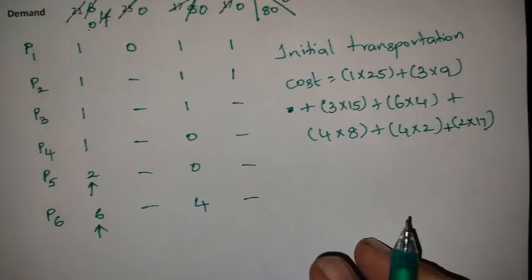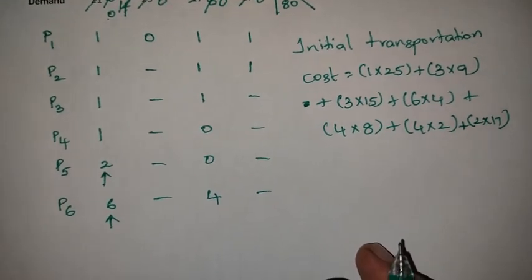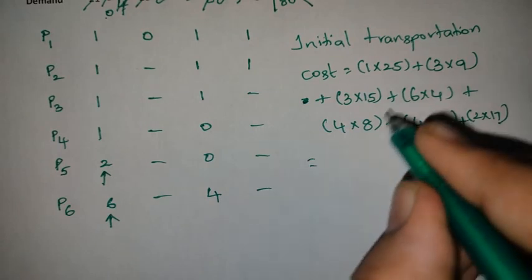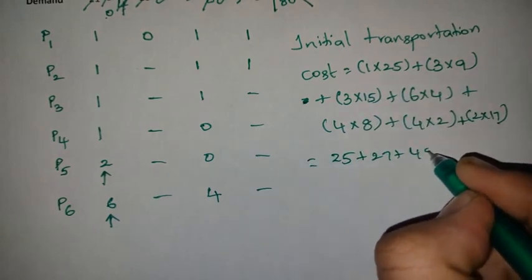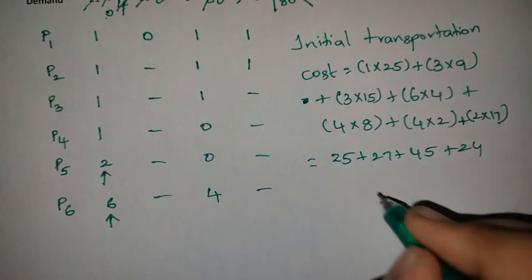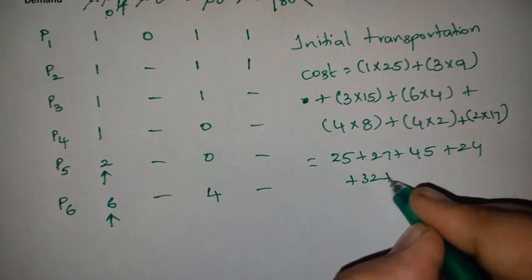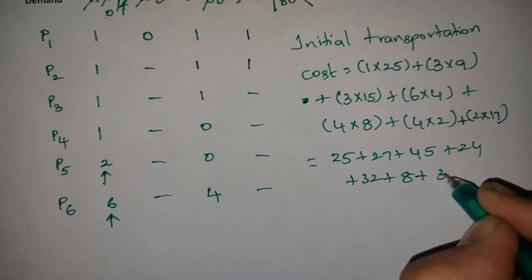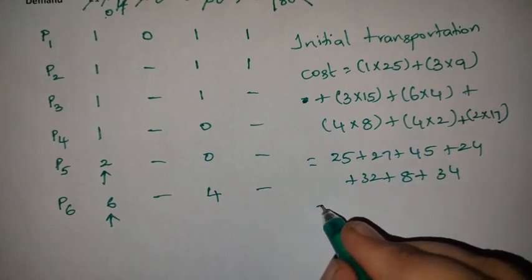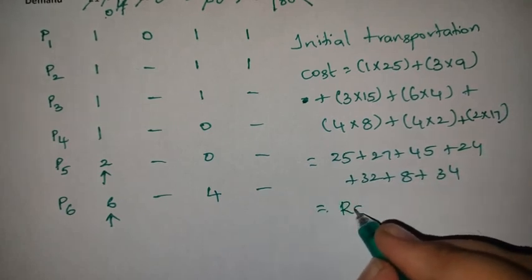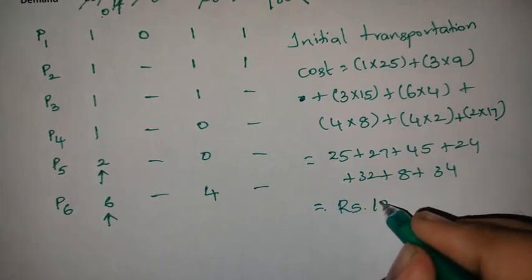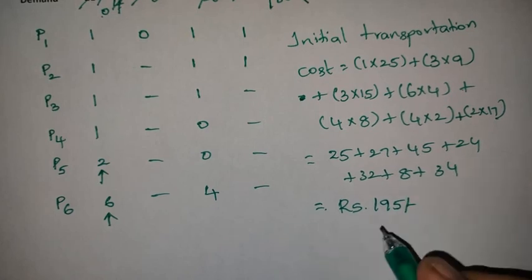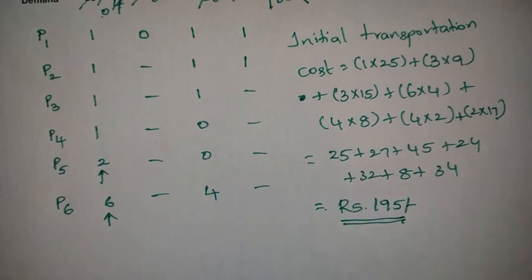So find the total: 25 plus 27. What is the total value we get? 195 rupees.